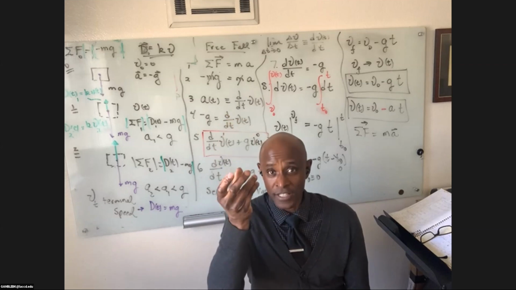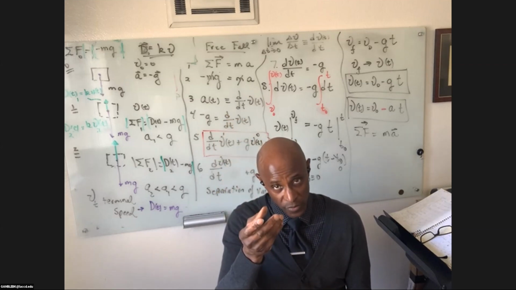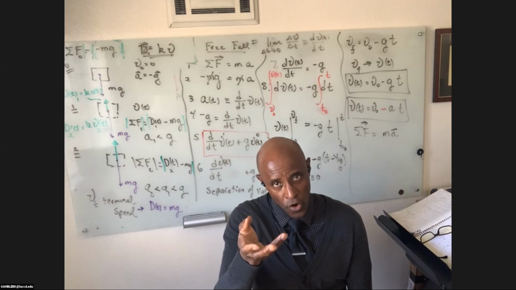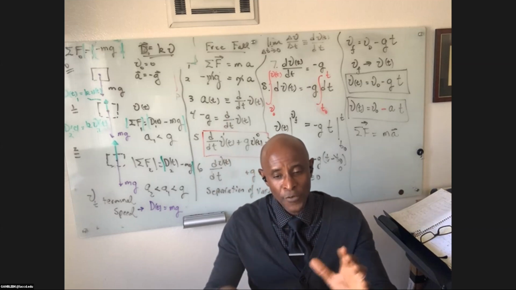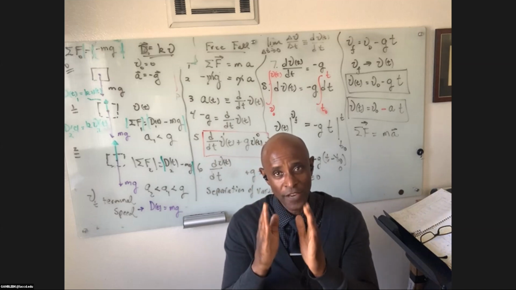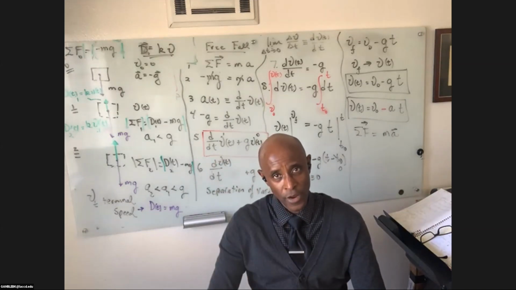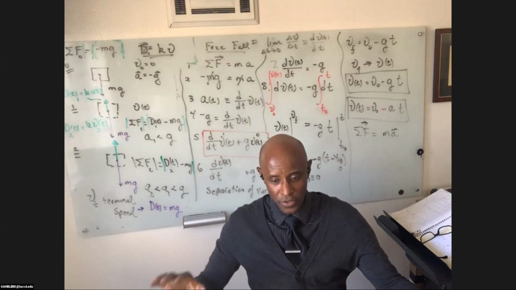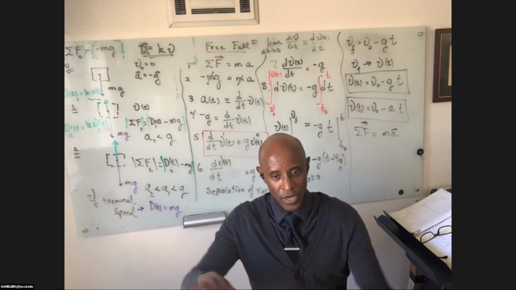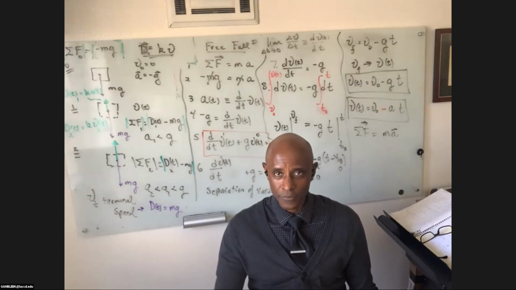So what is reasonable is that the object reaches a terminal speed. And then from that point on, the object continues to move down at a constant speed. Everywhere along the way, that drag force is equal in magnitude and opposite to the weight until it hits the ground. Unless, of course, we put a fly suit on it, making it a more complex system where the thing can fly around, which we're not doing.